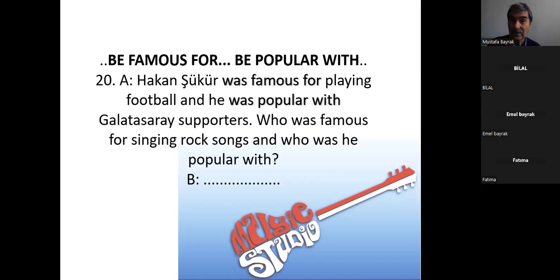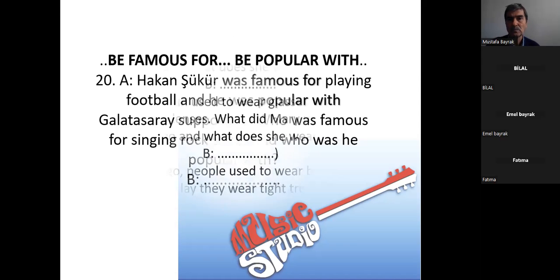Who was famous for singing rock songs and who was he popular with? Tufan Kıraç was famous for singing rock songs and he was popular with, or he is still popular with, the young people. Or he has been popular with also, but he has been popular with the young people.